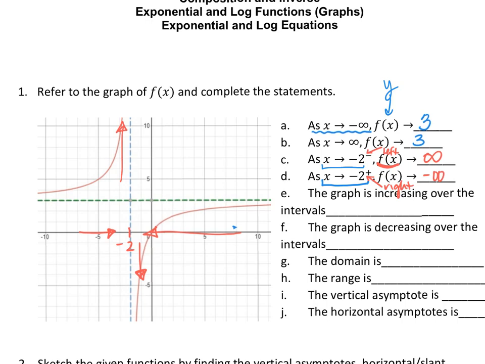The reason for these questions is just notation, but it shows us that we have a horizontal asymptote at y equals 3, because we know what's happening as our x's get really small or really big. And from C and D, we know that we have a vertical asymptote because our y values shoot up and shoot down when we get close to an x value of 2.